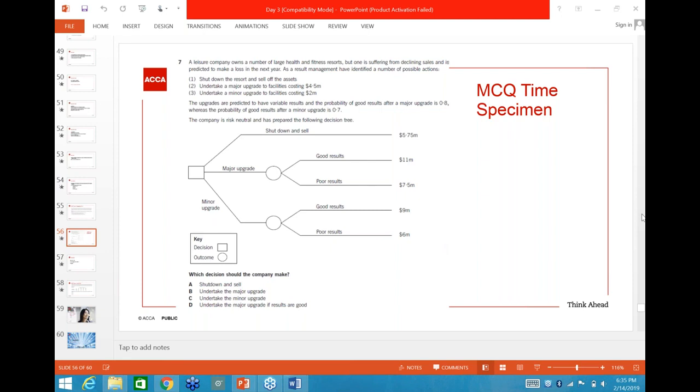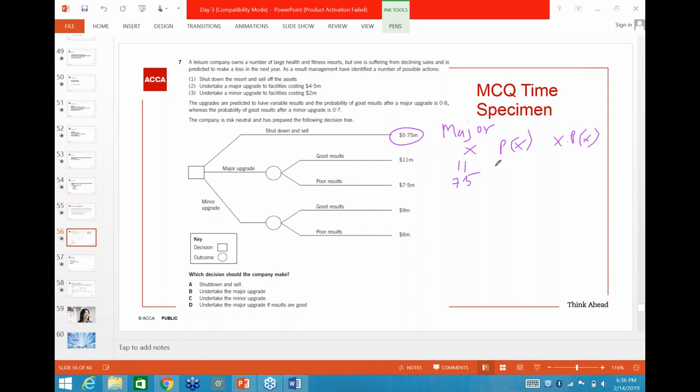Okay, right. So one thing is, if I shut down, it's 5.75. That's what I get. Okay. So if I go for a major upgrade, XPX, XPX, I'll get 11 or 7.5.